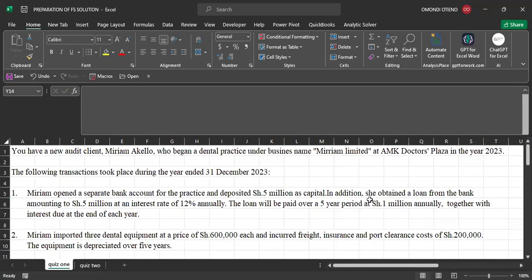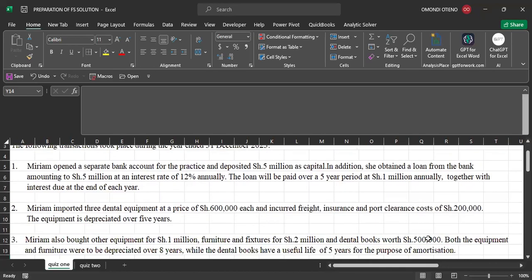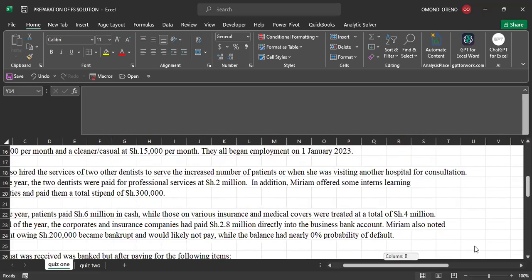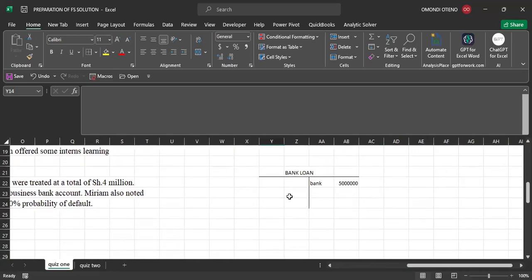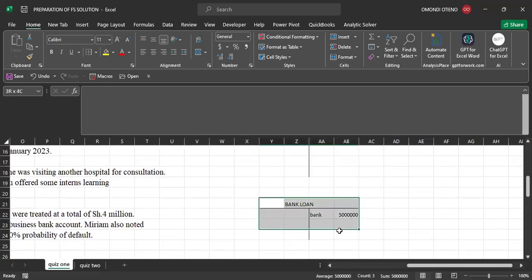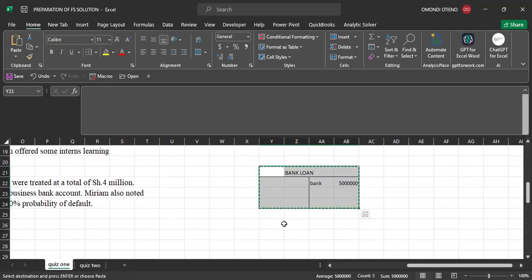Dealing with the interest here, that will be done at the end of the year. So this loan will attract interest of 12% per annum. We need to have a finance cost account. Let me just show you. If you decide to deal with the T accounts, this is what you are going to do.